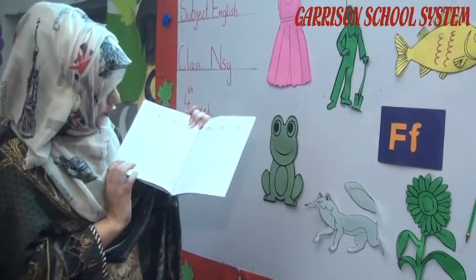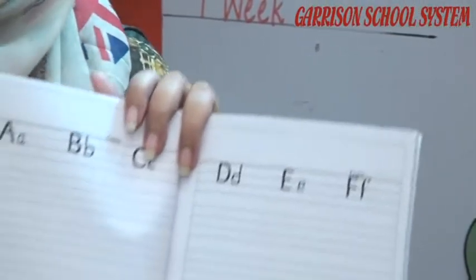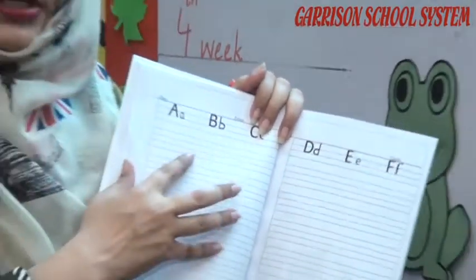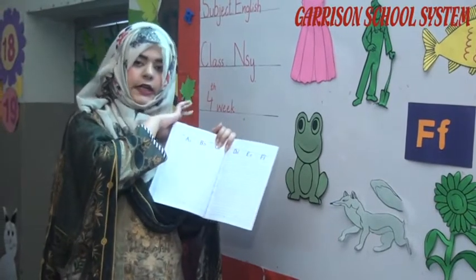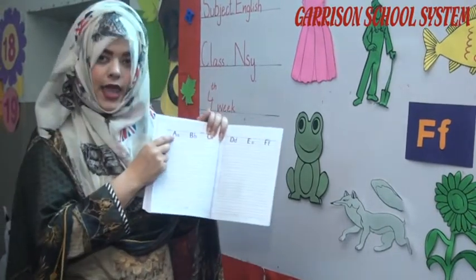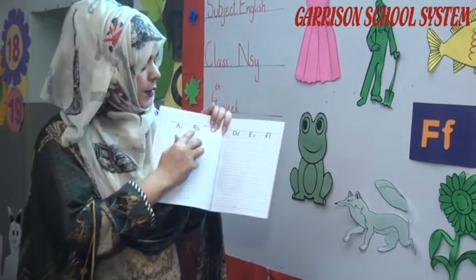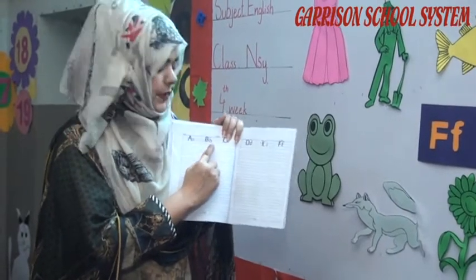Now moving towards your page number 34 and 35. It's a very interesting and important topic because it's your revision, it's your reinforcement of the words which you have learned earlier. For example, uppercase letter A, lowercase letter a, uppercase letter B, lowercase letter b.